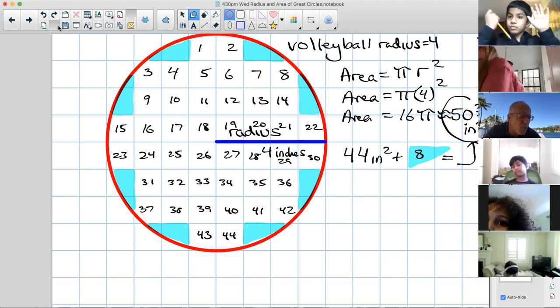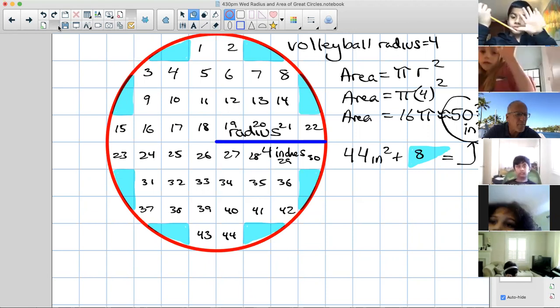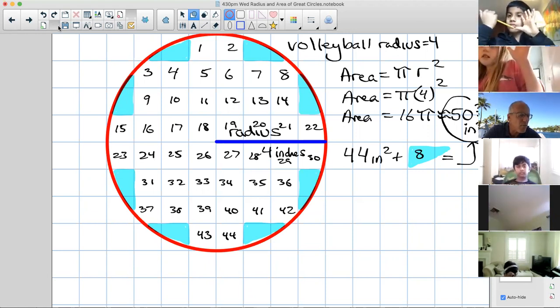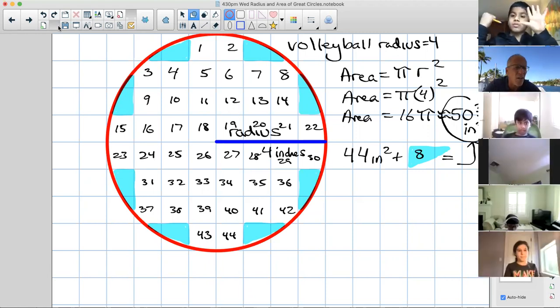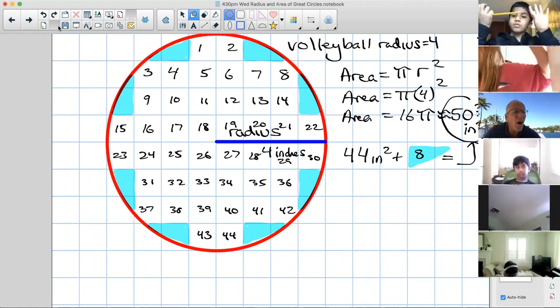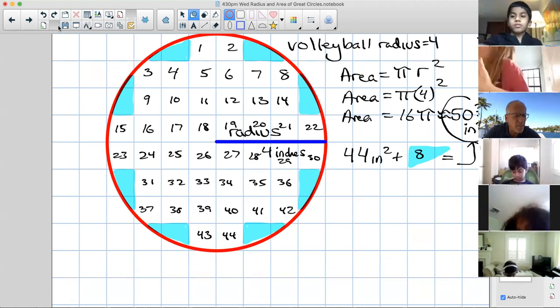Those aren't full squares either, but I still counted those. Who can tell me why? Sarah, let's go with you. Is it because they're not fully squares?